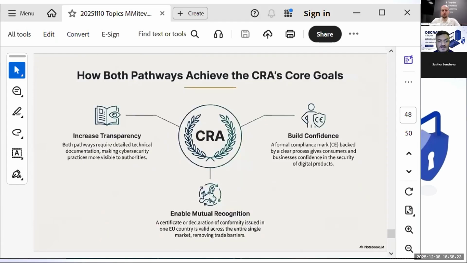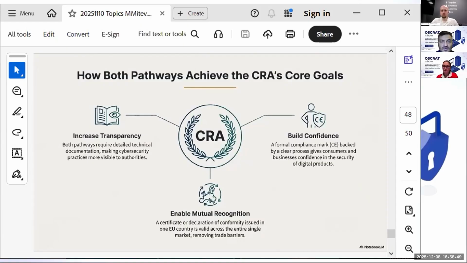Both pathways help achieve the main goals of the CRA. They increase transparency because manufacturers must prepare detailed technical documentation and make cybersecurity practices visible. They build confidence because the CE marking and compliance process give users and businesses trust in digital products.